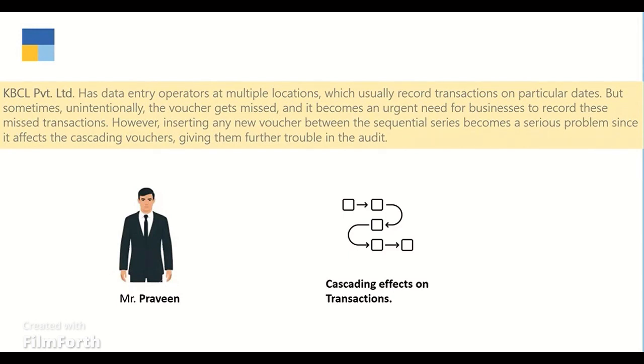However, inserting any new voucher between the sequential series when you are using automatic voucher numbering becomes a serious problem since it affects the cascading vouchers, the cascading effect on the voucher number. So it definitely gives further trouble for them. Even during the audit, they'll face trouble.